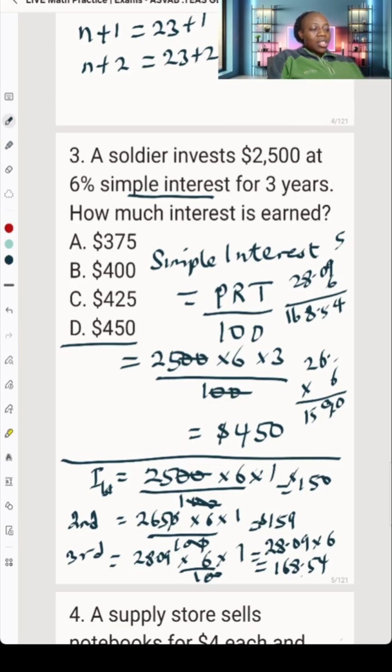So total interest will be this one plus this plus this, which will be more than 450 if it is compound. So that's it. The question is not asking for the amount here, though we can still find the amount based on a formula.